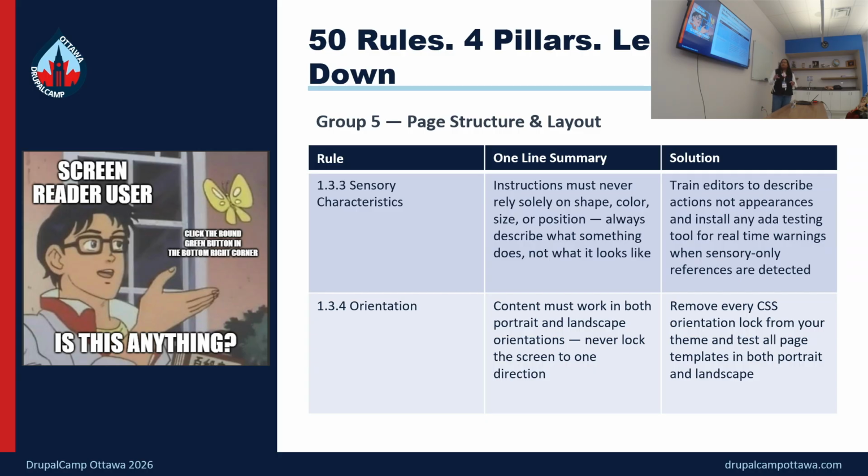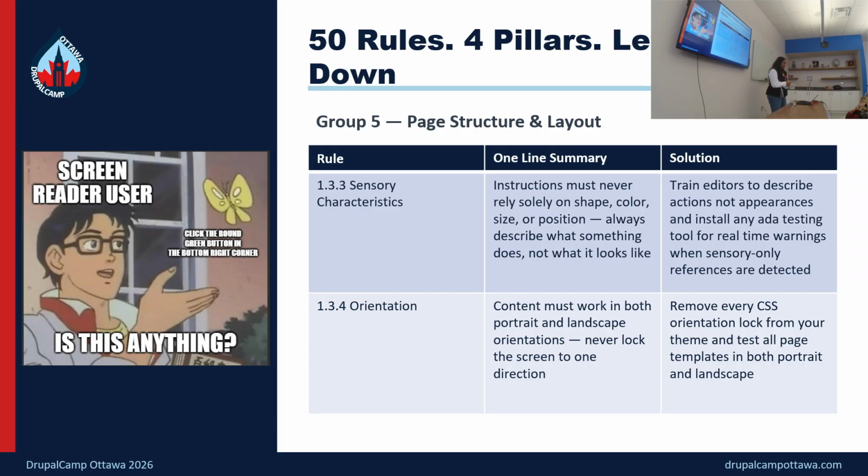So we need to provide proper information with text in that component. The solution for this is to train editors to describe actions, not appearances, and install an ADA testing tool for real-time warnings when sensory-only references are detected. ADA testing tools can be Sally, Editoria11y, or AI Editoria11y. Those are currently popular ones.